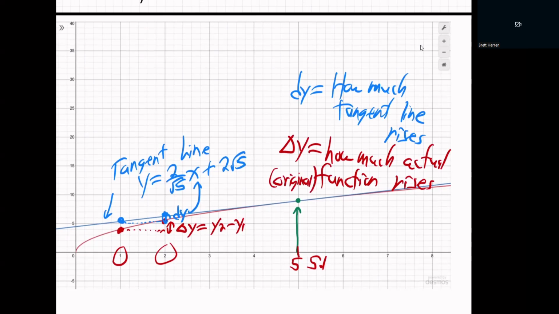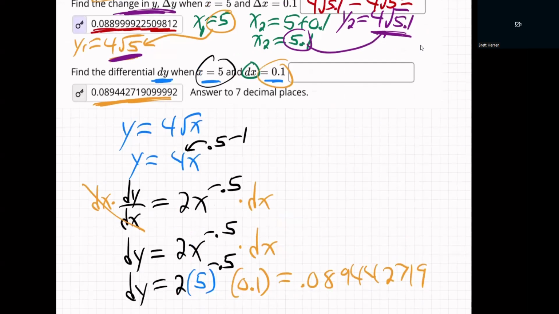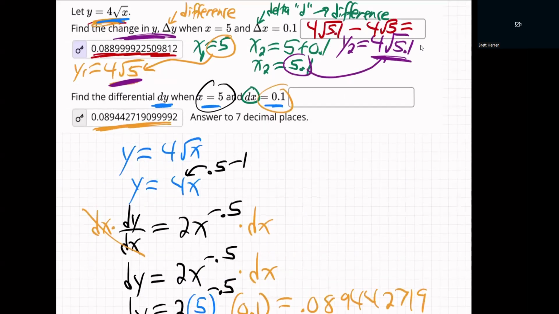So we're saying, from 1 to 2, how much does the red original function rise? And dy is how much the tangent line rises. That's what we just figured out between those points. We found dy and we found delta y. And by the way, notice they're very, very close. And that's the point. The tangent line's activity is very close to the original function's activity. And so there we go.